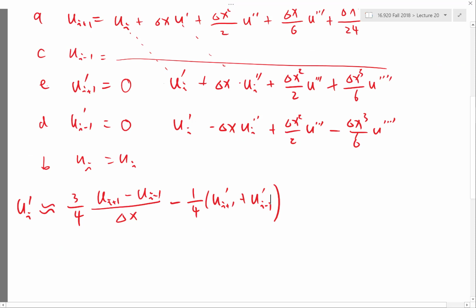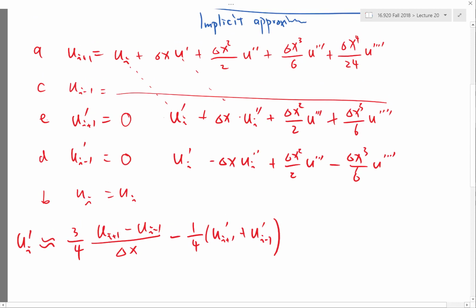Okay, so what do you think is the order of this finite difference scheme? What's the order of accuracy?